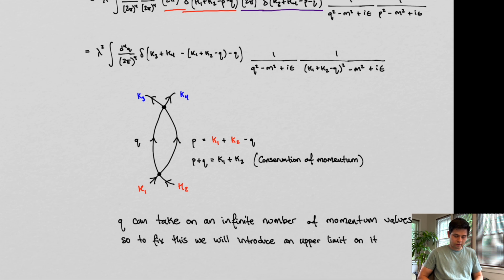What we're going to say here is that we're essentially replacing P with K1 plus K2 minus Q. Now, why are we able to do this? Well, here's P, we're saying K1 plus K2 minus Q. If we add Q to both sides, P plus Q is the same thing as K1 plus K2.